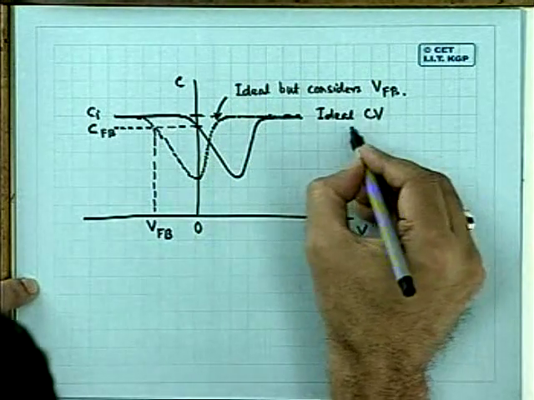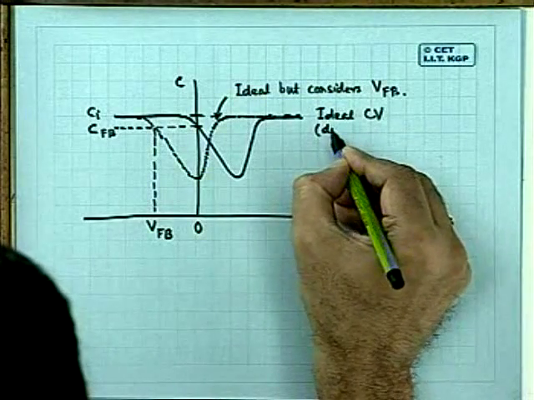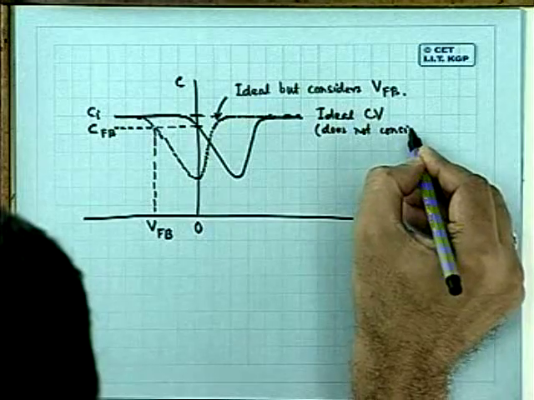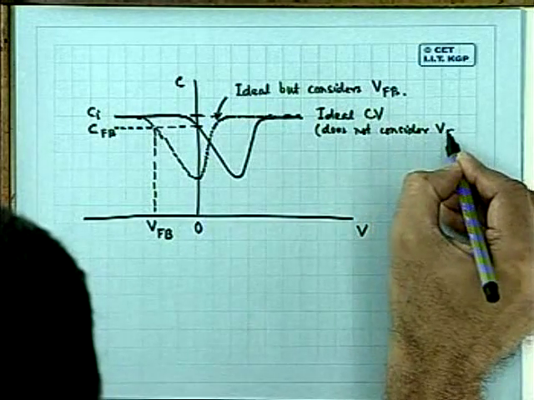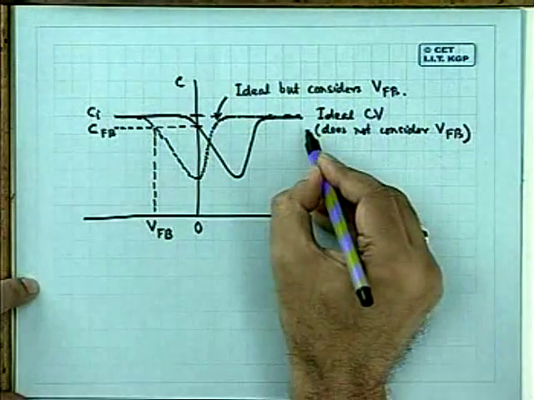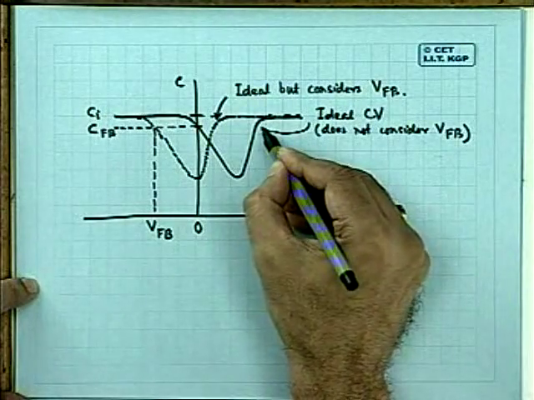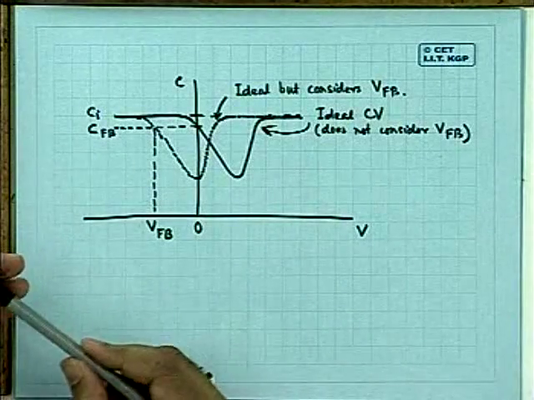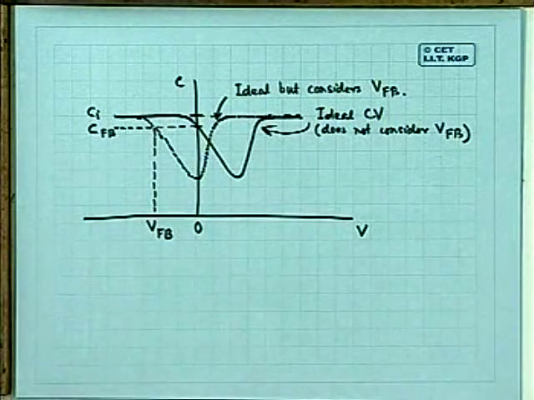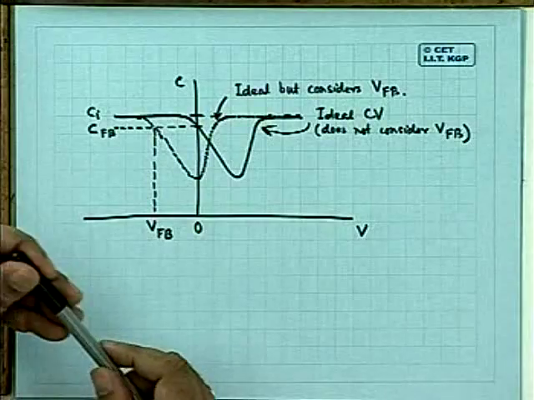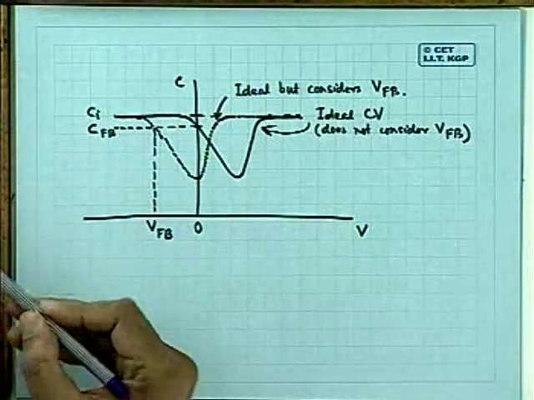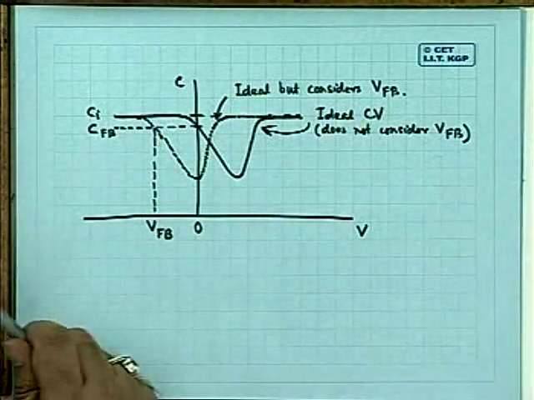This is ideal, does not consider it. And if you take a simple formula of W etc. and do the plot, you will find the same curve but up to this only, from here to here. But beyond this you cannot calculate from that point. Is it alright?